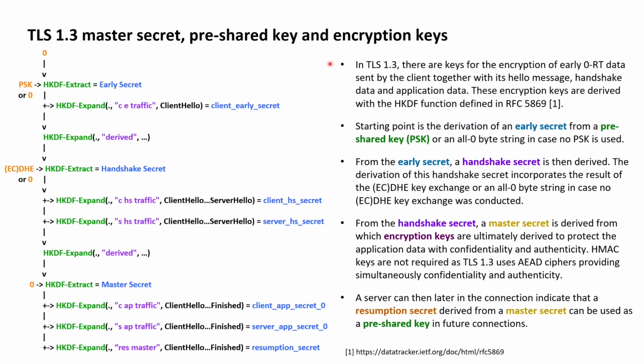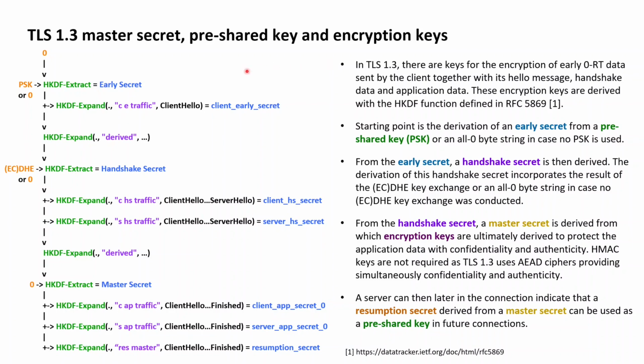Within TLS 1.3, the keys used to encrypt and authenticate data are derived with the HMAC-based key derivation function HKDF, which is defined in RFC 5869 and which we will have a close look at on the next slide.